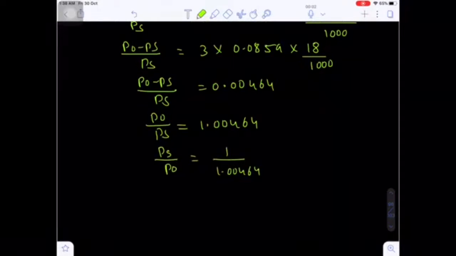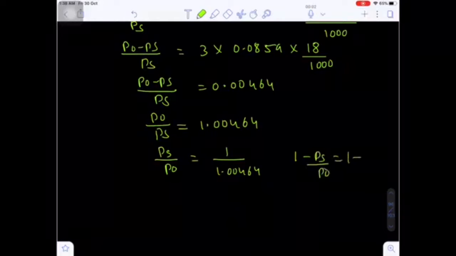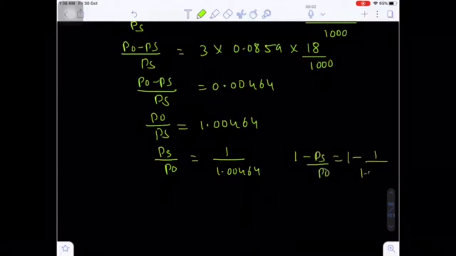From here I am multiplying with minus 1 and then adding plus 1. So 1 minus PS upon P naught will be equal to 1 minus 1 upon 1.00464.